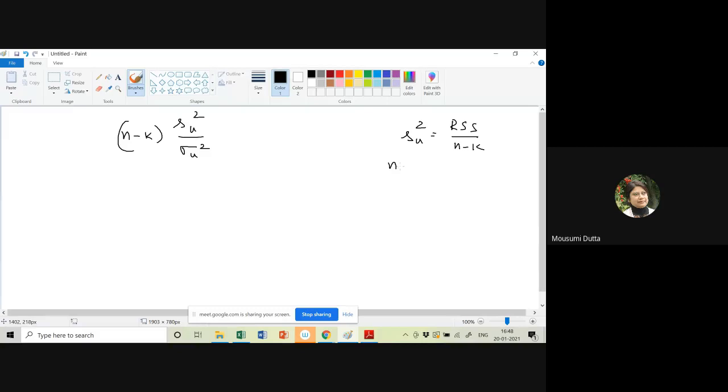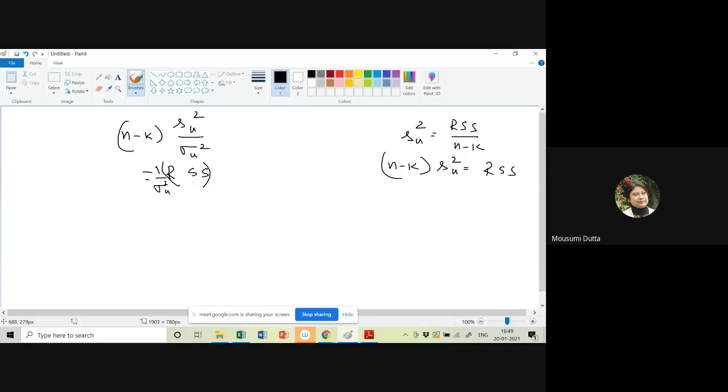So n minus k SU square over sigma u square is RSS by sigma u square.